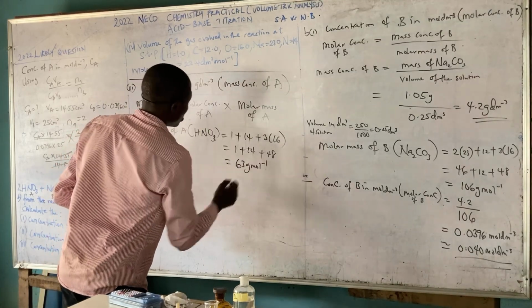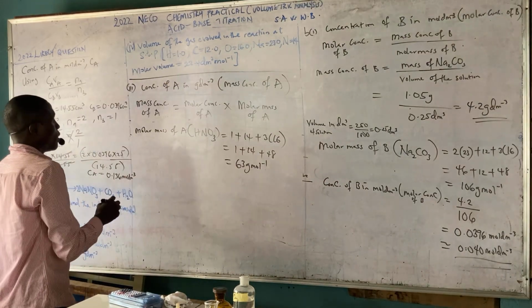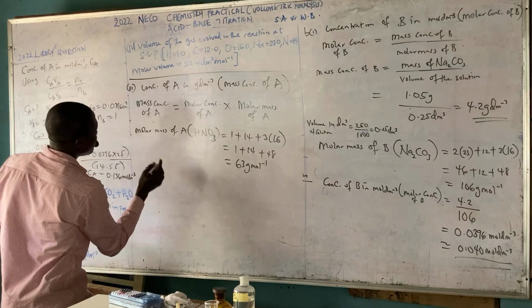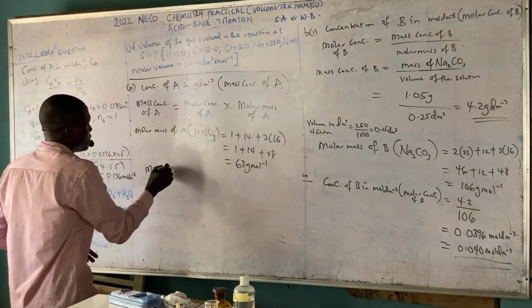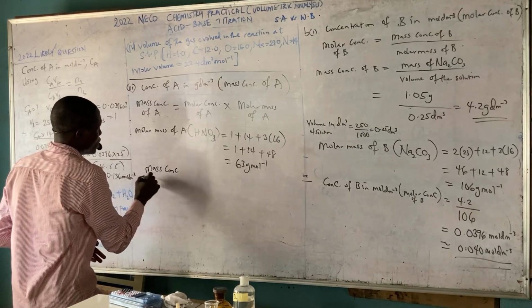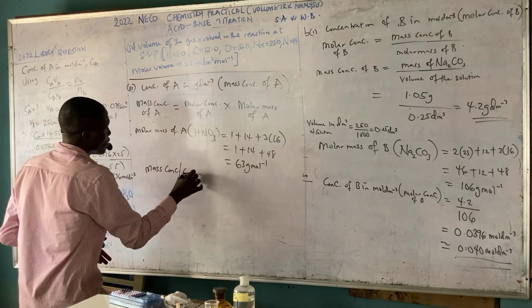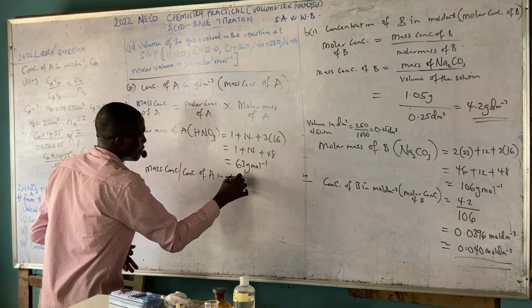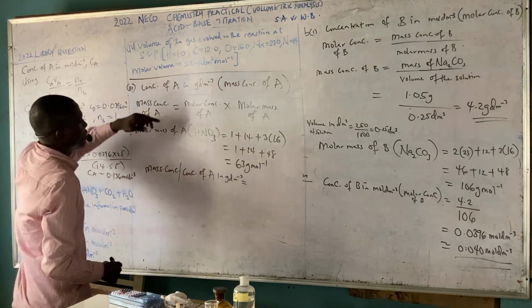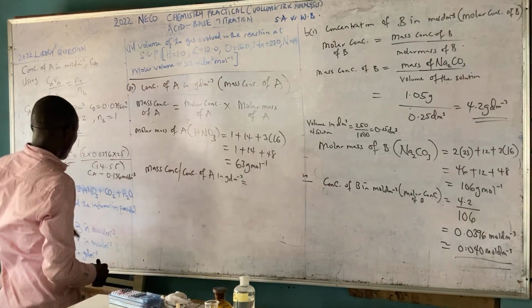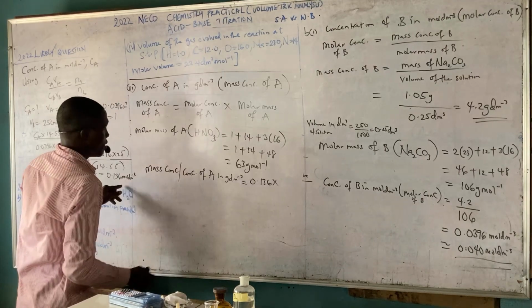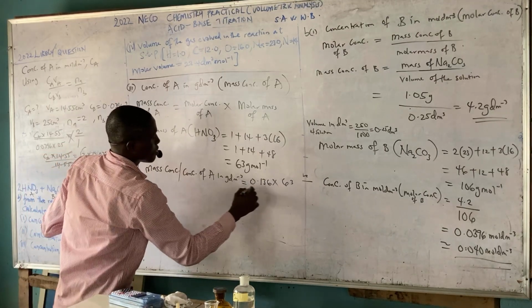Now, having gotten the molar mass, the mass concentration, which is simply the concentration of A in gram per dm cube, will be equal to the molar conc of A, which is 0.136, times the 63 that you just obtained.